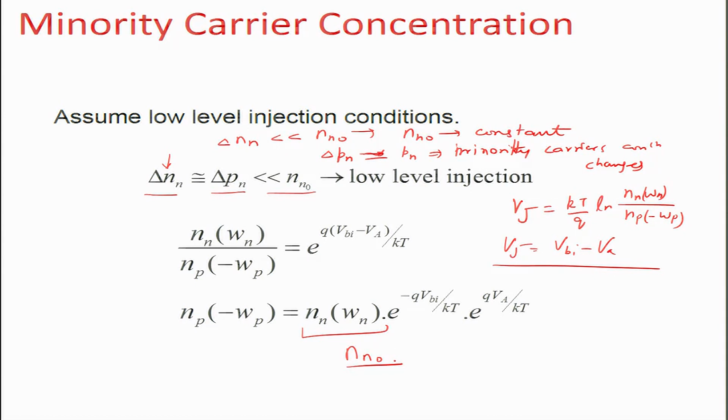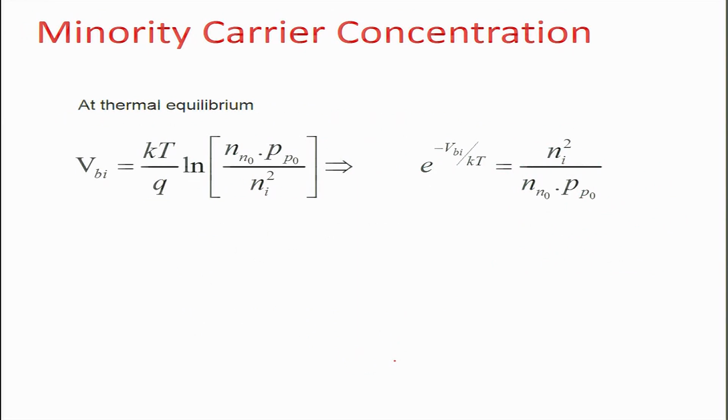So now if I move forward, at thermal equilibrium, Vbi, which we derived earlier, was equal to kT divided by q into ln of Na into Nd divided by ni square, and Na is equal to Pp naught and Nd is equal to Nn naught. So I can calculate a relation for Vbi.